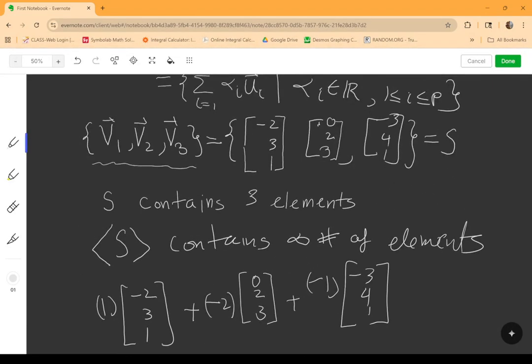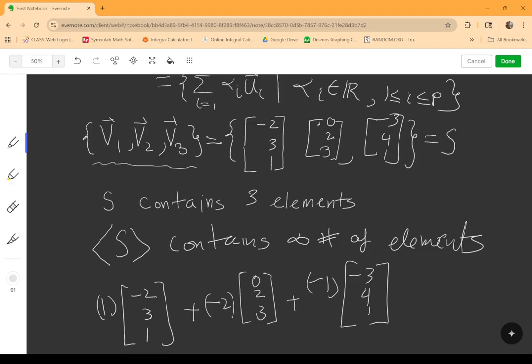It consists of v1, v2, v3. Although v1 is an element of the span, and so is v2, and so is v3, because we can think of those as linear combinations where I set the other two scalars equal to 0 and the non-zero one to 1, and then you've retrieved the vectors.